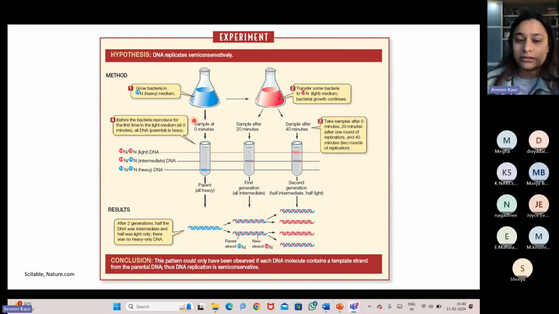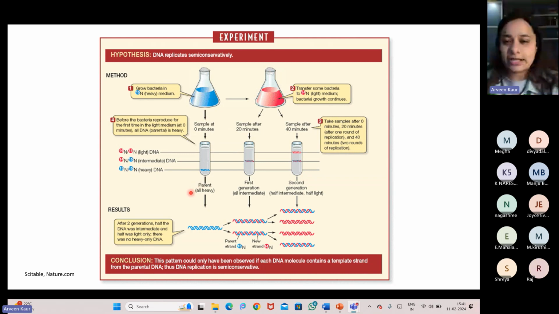They sampled this at 0 minutes, and when they centrifuged the bacteria that had grown in this medium, they received the bands at the heavy chain level only. That is, both the strands had N15 incorporated in them, right?